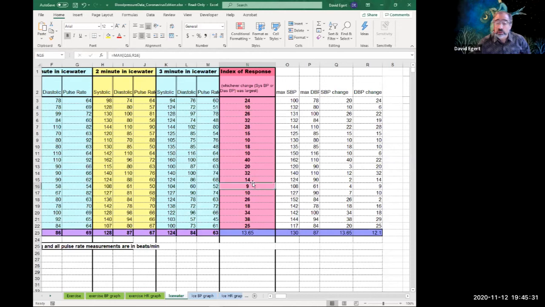These are what we call hyporeactors, low responses. So when you're discussing this data, the average is not what's interesting. What's interesting is how diverse the responses are.